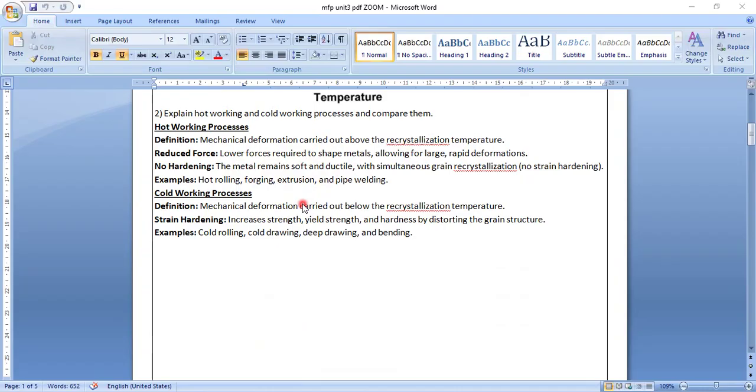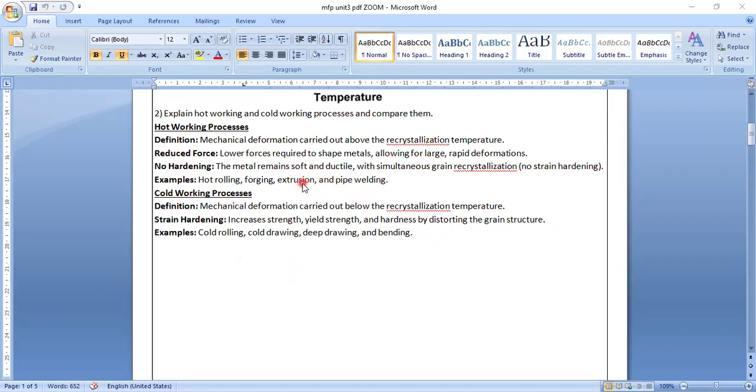Examples where it is applied: hot rolling, forging, extrusion, and pipe welding. In hot rolling, rollers are used, and also forging. If you want to weld a pipe, you need a hot working process.